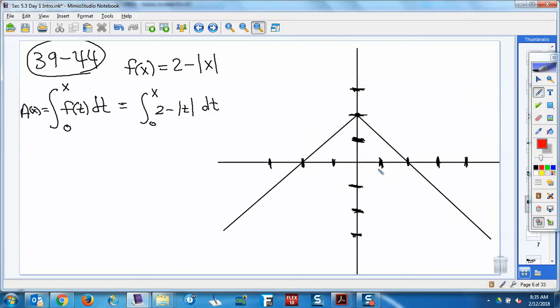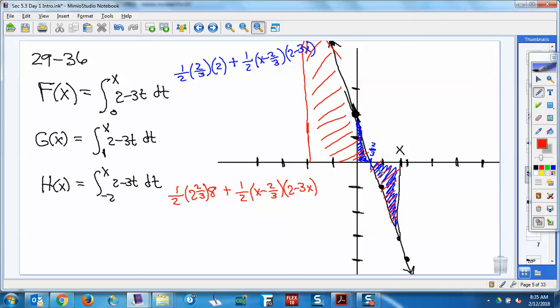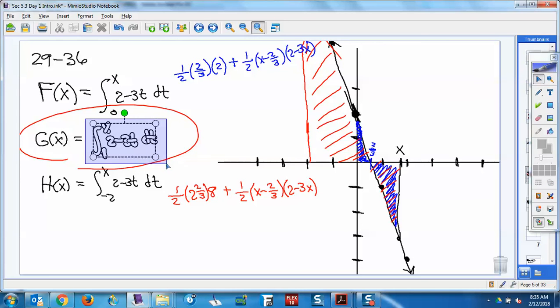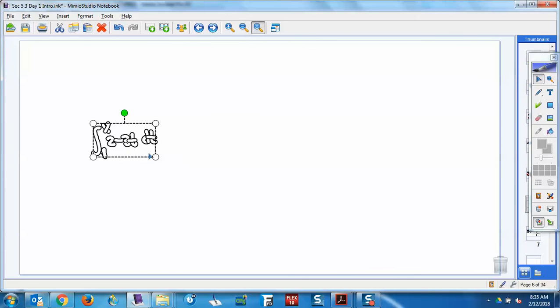So if I give you a problem like this one, let's just take this problem right here, okay? I don't think any of you did it necessarily, but let's go through that.